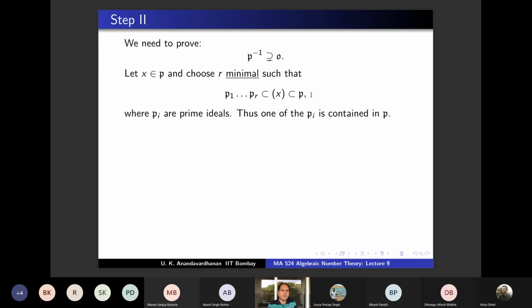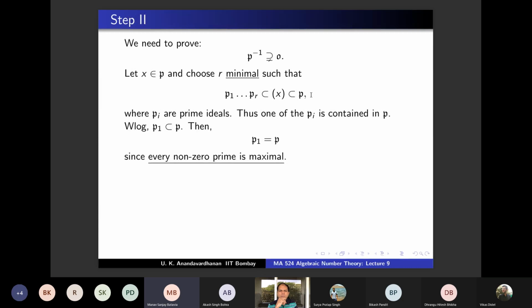But then, because Krull dimension is 1, what can you say? Pi equals P. Without loss of generality, I am taking i to be 1 because it's commutative. Whatever that Pi is, rearrange and put it first. So without loss of generality, P1 is contained in P, but then P1 equals P because of Krull dimension.